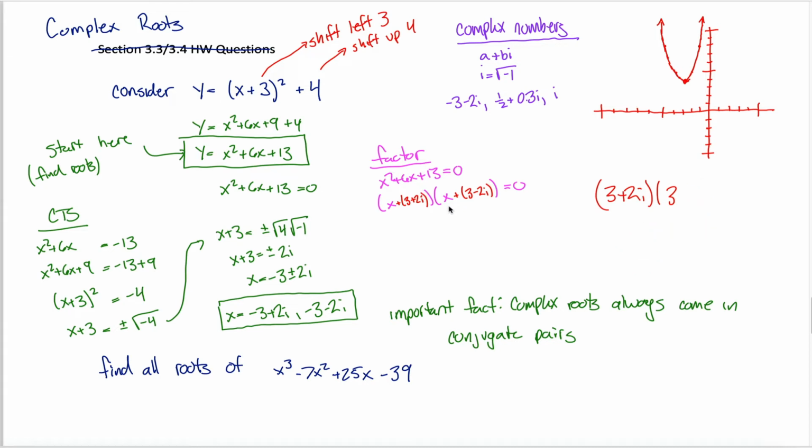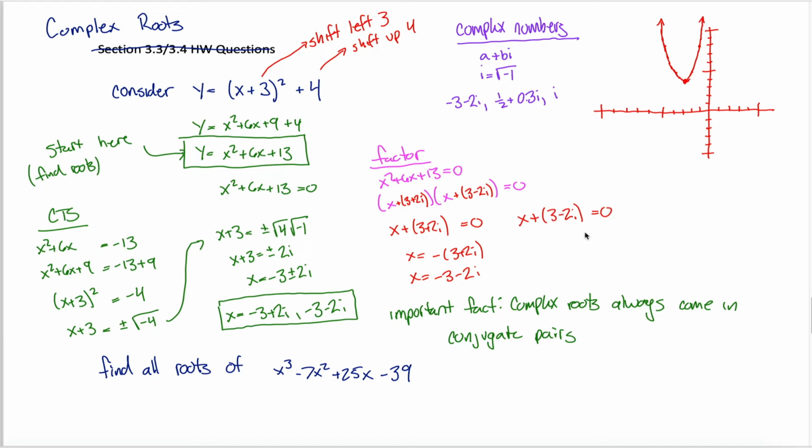You can solve these problems by factoring, right? If I were solving this by factoring, I now have something times something equals 0. So either x plus 3 plus 2i is equal to 0, or x plus 3 minus 2i is equal to 0. I'll subtract this 3 plus 2i thing over to this side of the equation, and then maybe I'll get rid of the parentheses by taking the negative and distributing it through, and I get x equals negative 3 minus 2i as one of my roots.